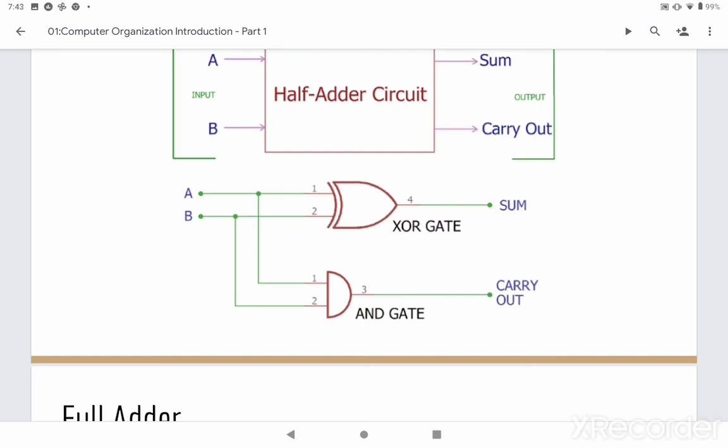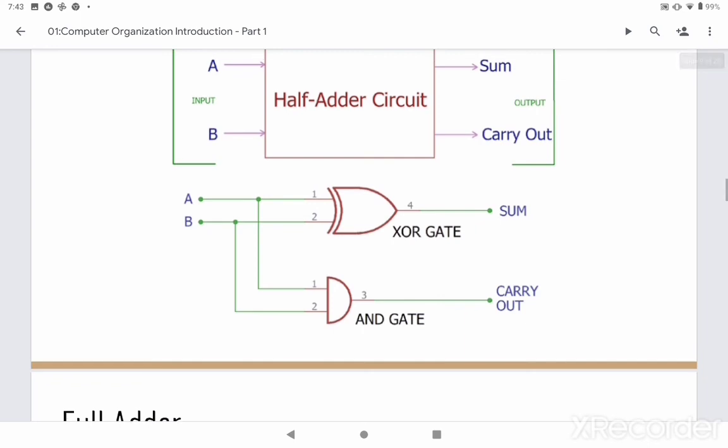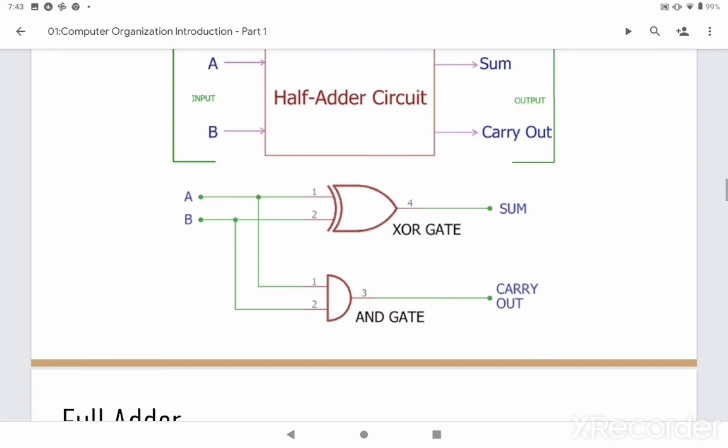If I am giving A equal to 0 and B equal to 1, then its output will be 1 here. In the case of XOR, 0, 1 will give you the answer 1. And if I am giving A equal to 1 and B equal to 0, again you are getting the answer 1 here.